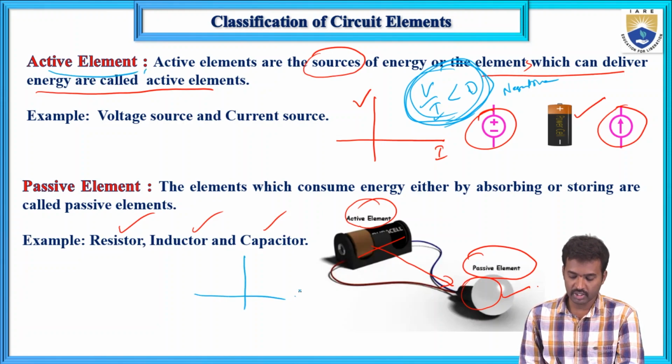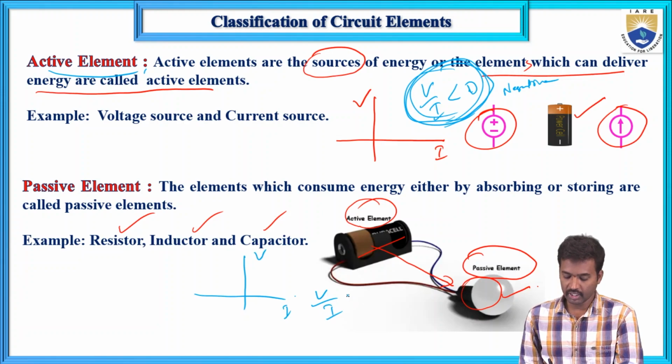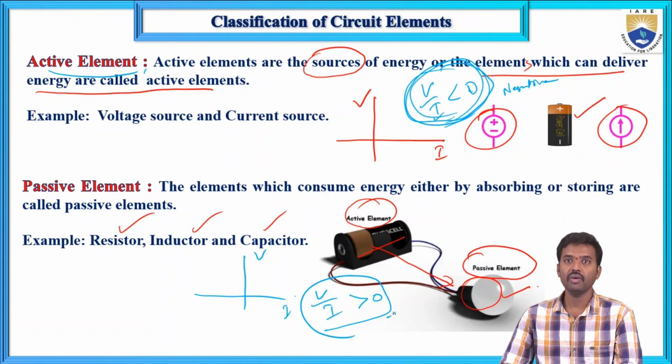If the V by I ratio is positive, then that is a passive element.